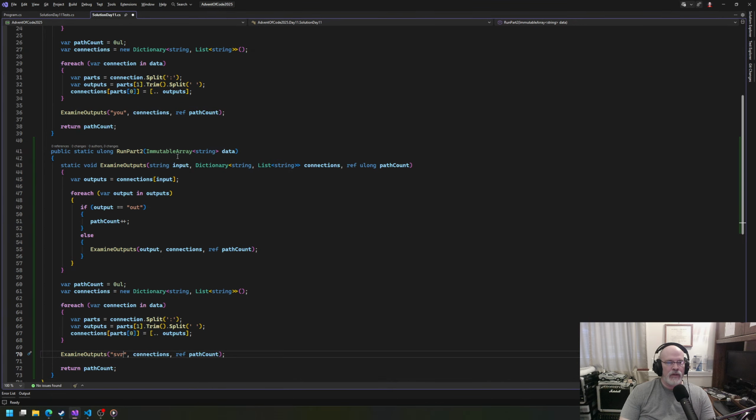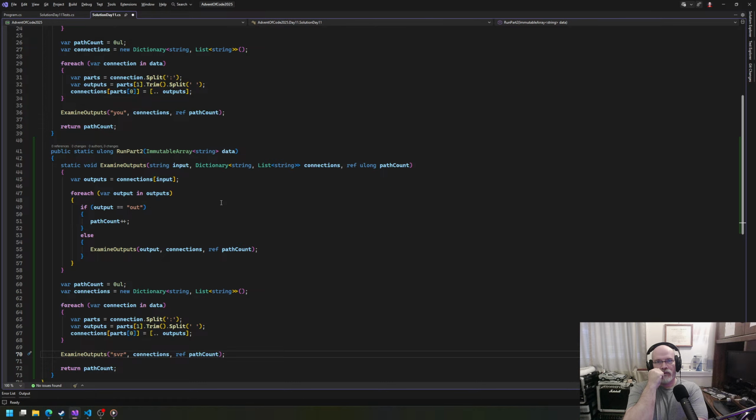And as we examine all of these outputs, what we want to carry through is the input on this path that we're examining, either a DAC or an FFT, and then we track that through as we go along.